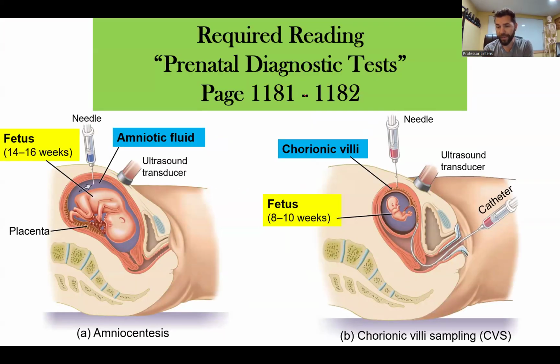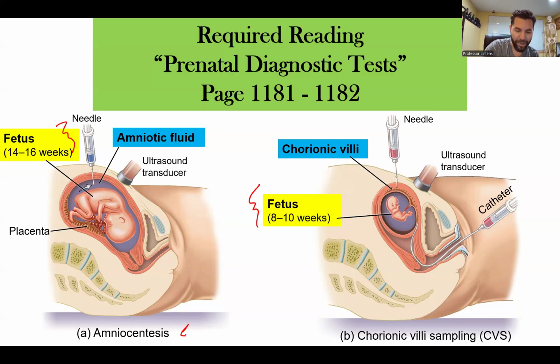We mentioned both amniotic fluid testing and chorionic villi testing. We will make note that chorionic villi can be done earlier. It involves sampling some of those cells to do genetic analyses. On amniotic fluid, you need to wait until you have a little bit more fluid in there, so it's usually done a little bit later.